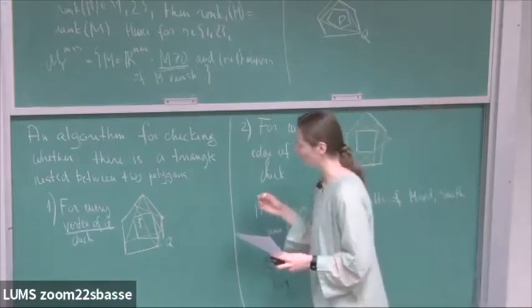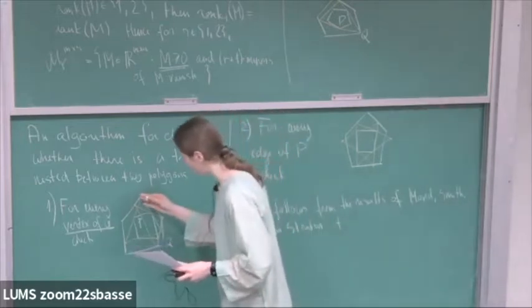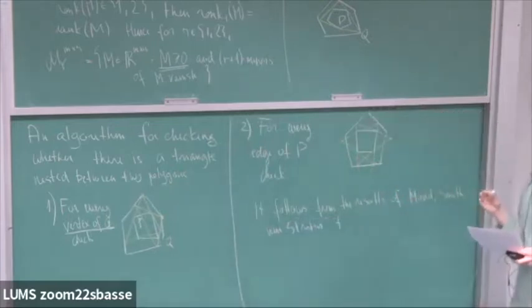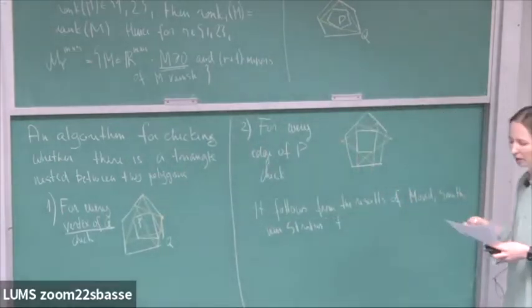We only have to check the number of vertices of Q plus the number of edges of P possible triangles.